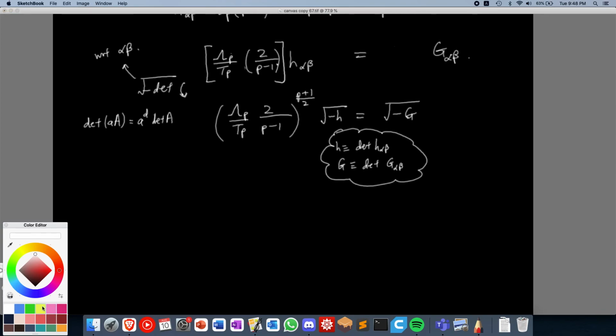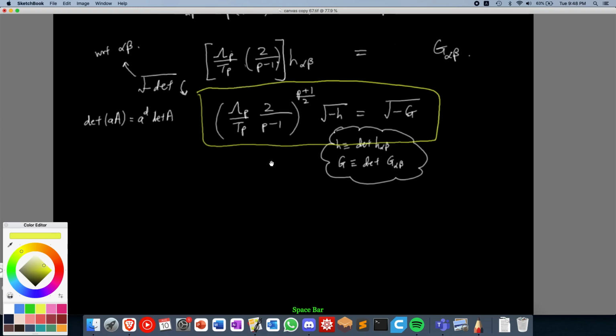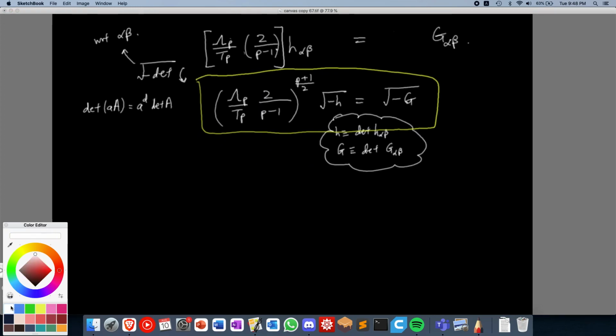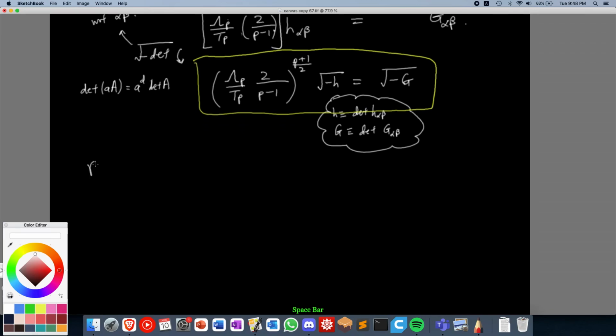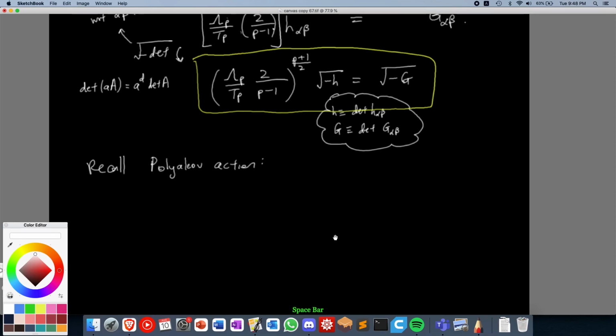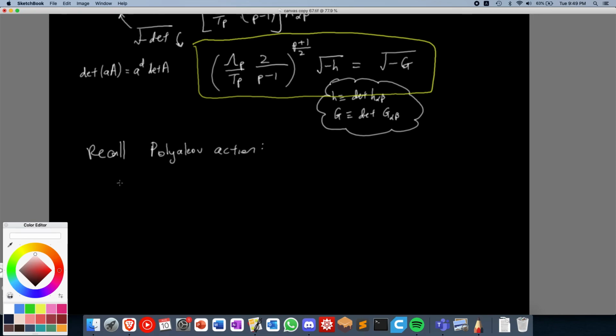Okay, so wonderful. Now we have this equation. We are almost ready to substitute it in. So recall the Polyakov action, which I'm going to write down. You can refer back to the beginning of the page.